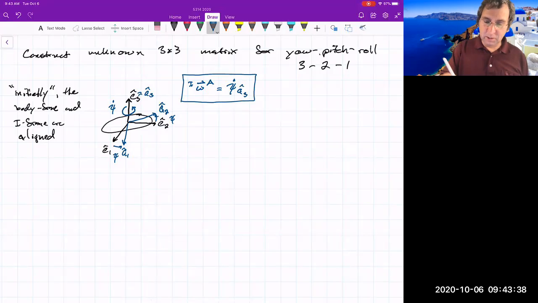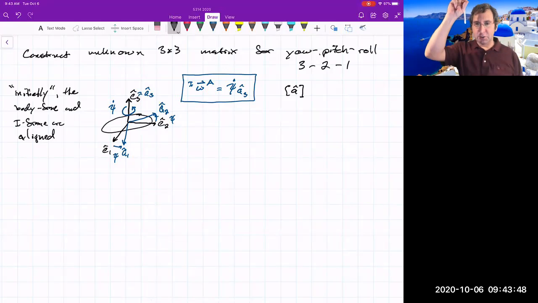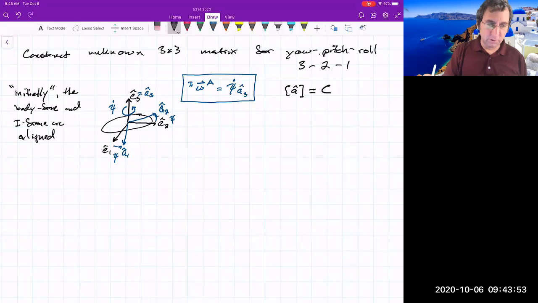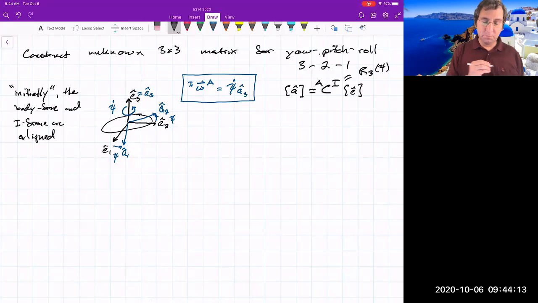If you remember from last time, we had this compact way of writing: A hat stands for A1, A2, A3 written as a column vector. This equals the rotation matrix I to A times the E unit vectors. We also had the notation R, which means just rotation about the number 3 axis through an angle psi.